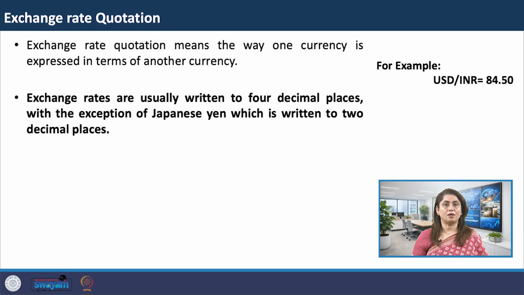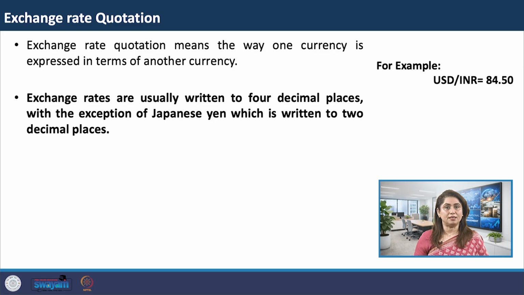Now let us talk about how exchange rates are actually written and read in professional dealing rooms, because there is a specific convention that every forex professional follows. First, exchange rates are almost always written to 4 decimal places. So, instead of writing GBP by USD is equal to 1.55, a dealer writes 1.5545.